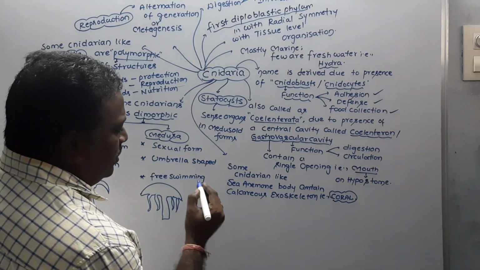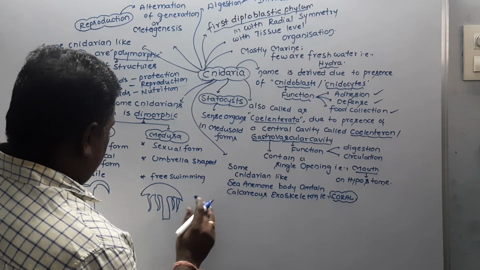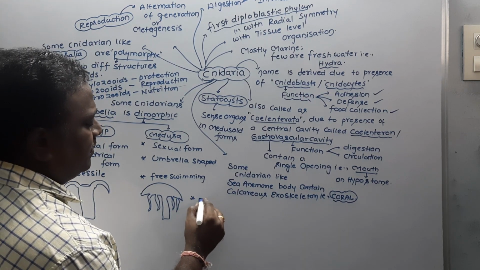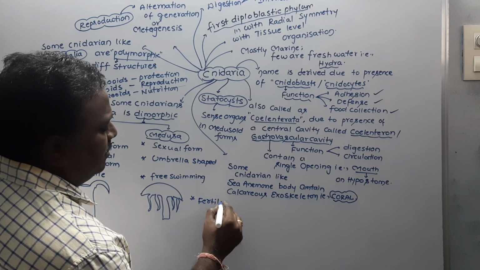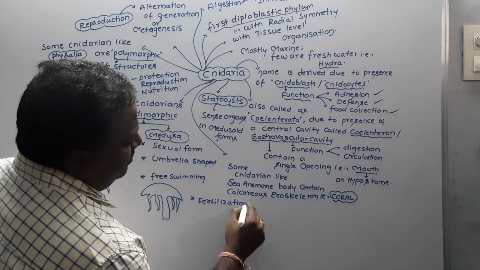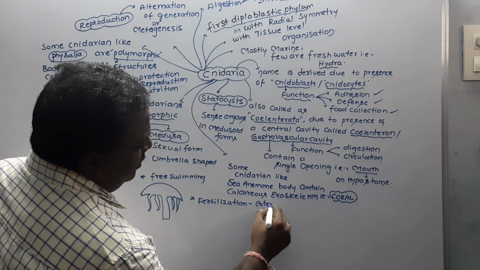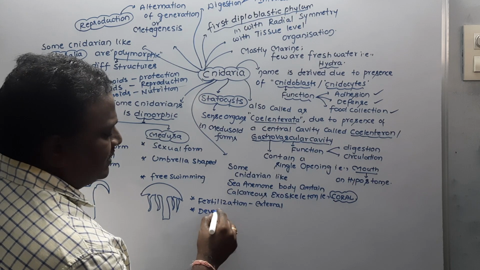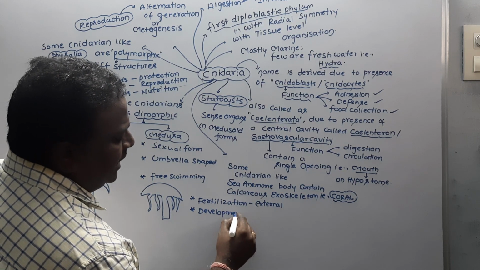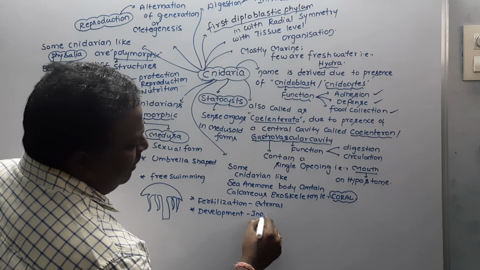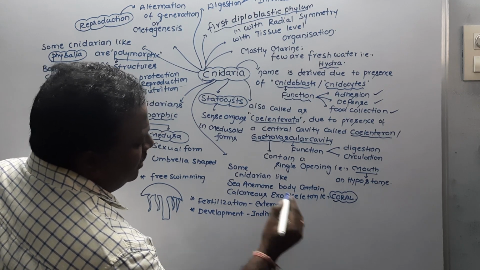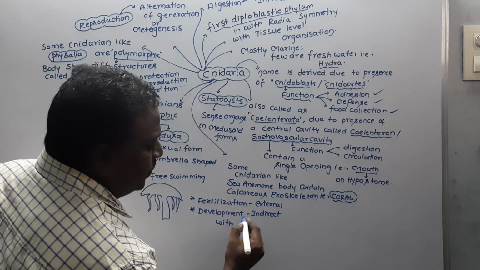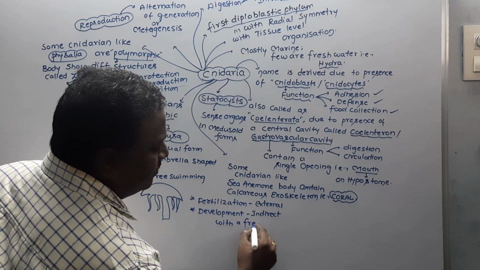And now, development. If we go for fertilization, the type of fertilization is external. And the development is indirect. Indirect development means development with a larval stage.